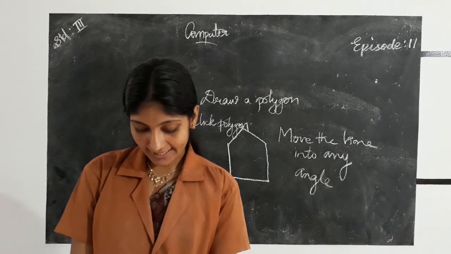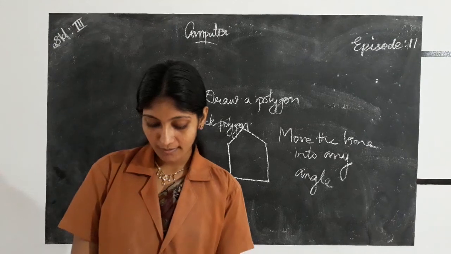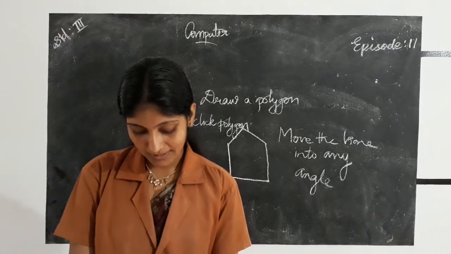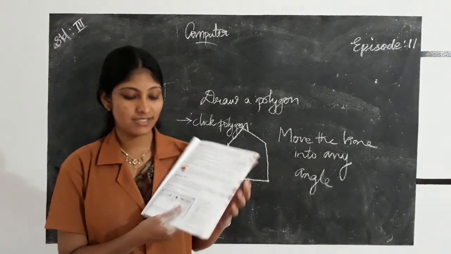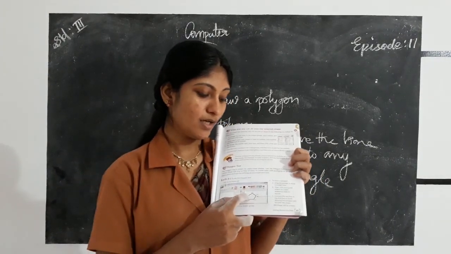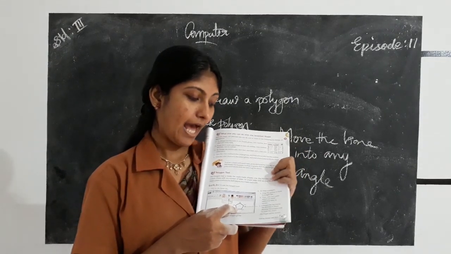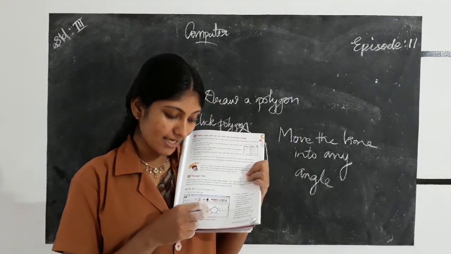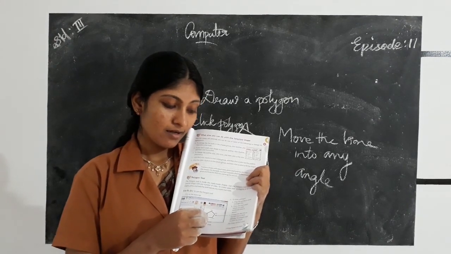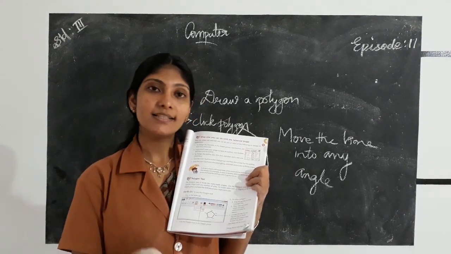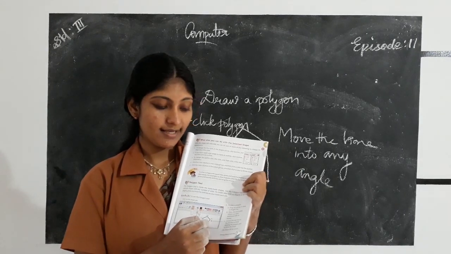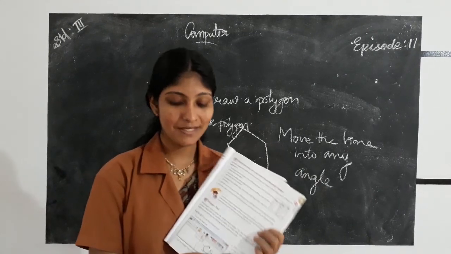Connect the last line to finish drawing the polygon and close the shape. Then the shape will be drawn. So look at the picture: first drag the pointer to draw a straight line and then click each point of the line. Then connect it to another line, creating more lines, and finally the shape will be drawn.